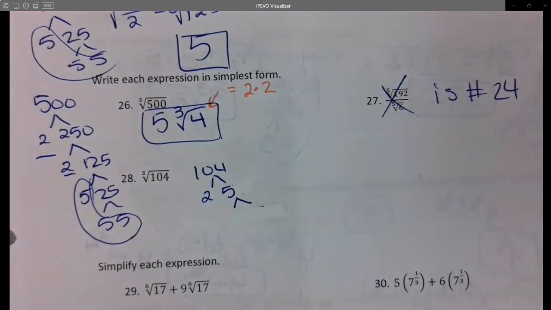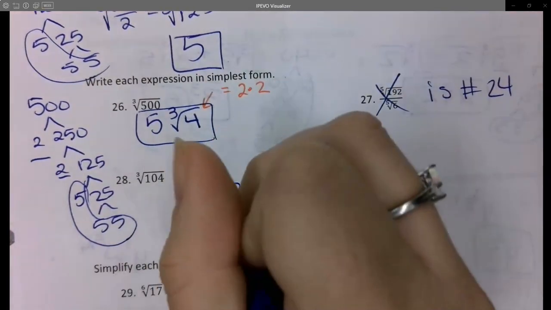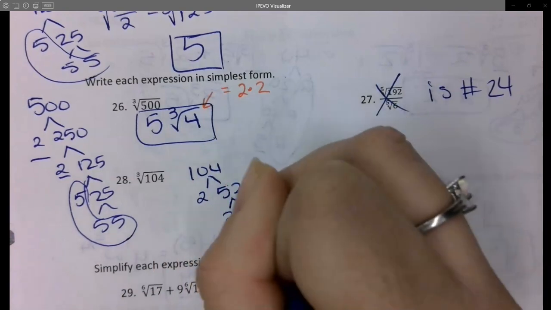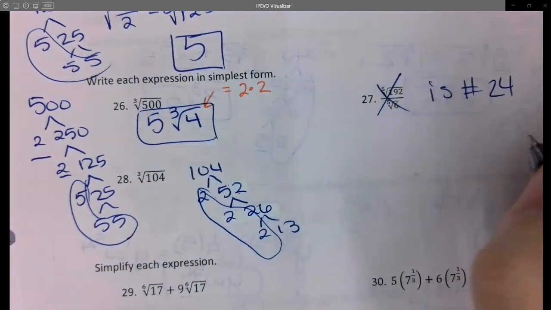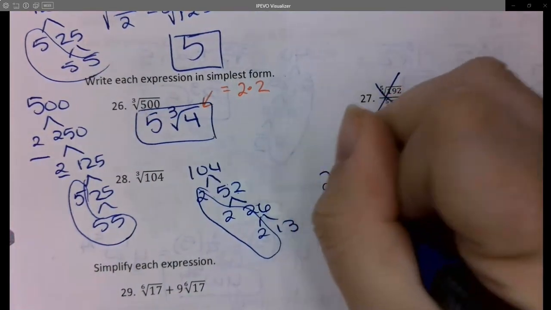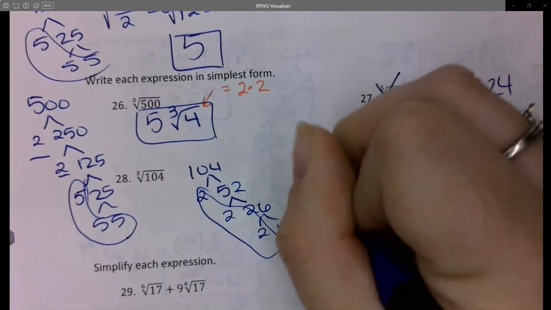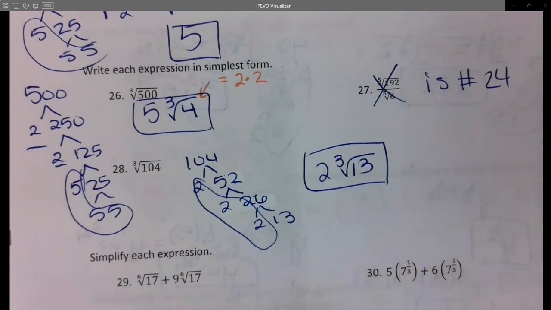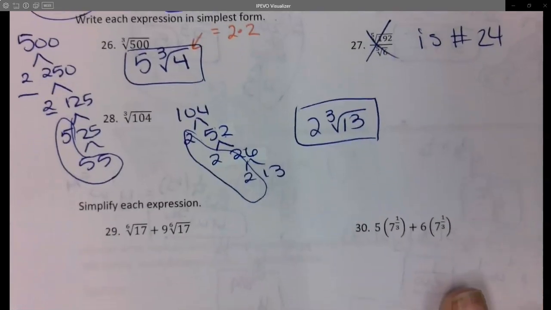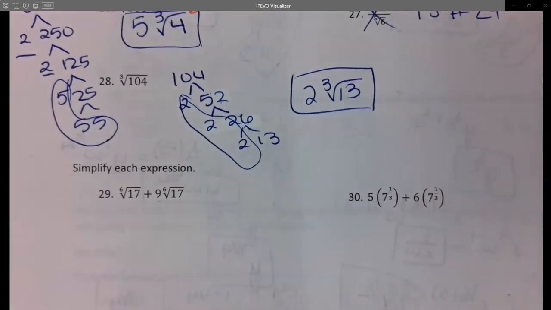Just kidding. 52 is 2 and 26. 26 is 2 and 13. So I have 3 sets of 2, or 3 of 2. So that goes on the outside. 13 goes on the inside. Okay.